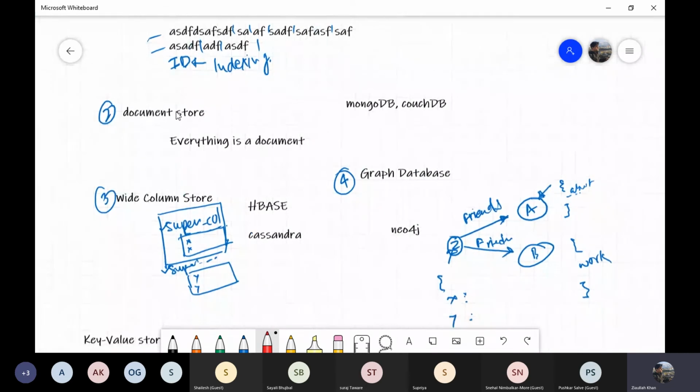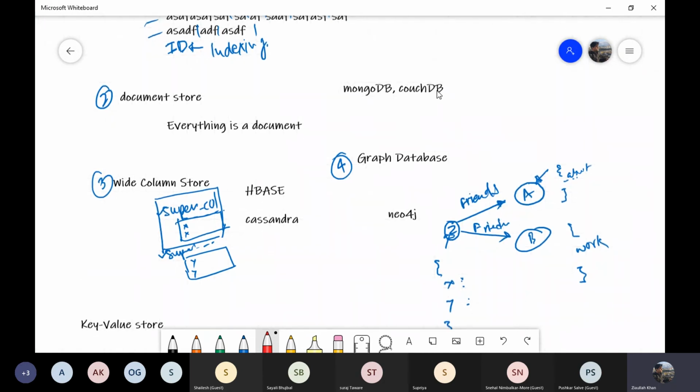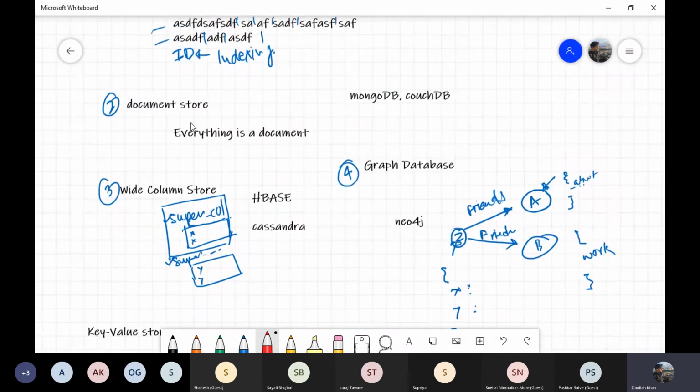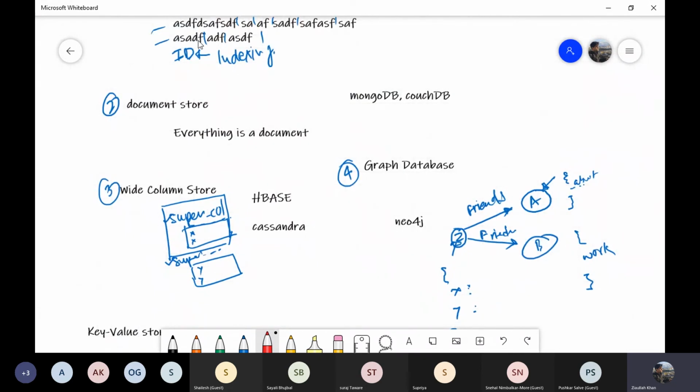The next one is the document store. In a document store, everything is a document, and MongoDB and CouchDB are examples of that. We looked at CouchDB in a little depth yesterday. Once again, all these databases are not going to have any schema. So each row, each entry in the database can have its own key value pair set.